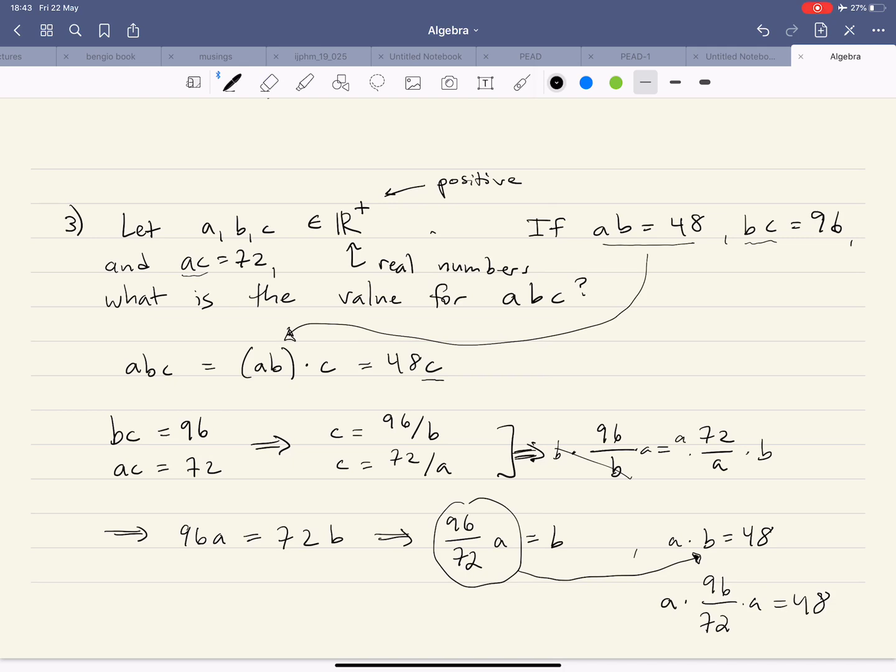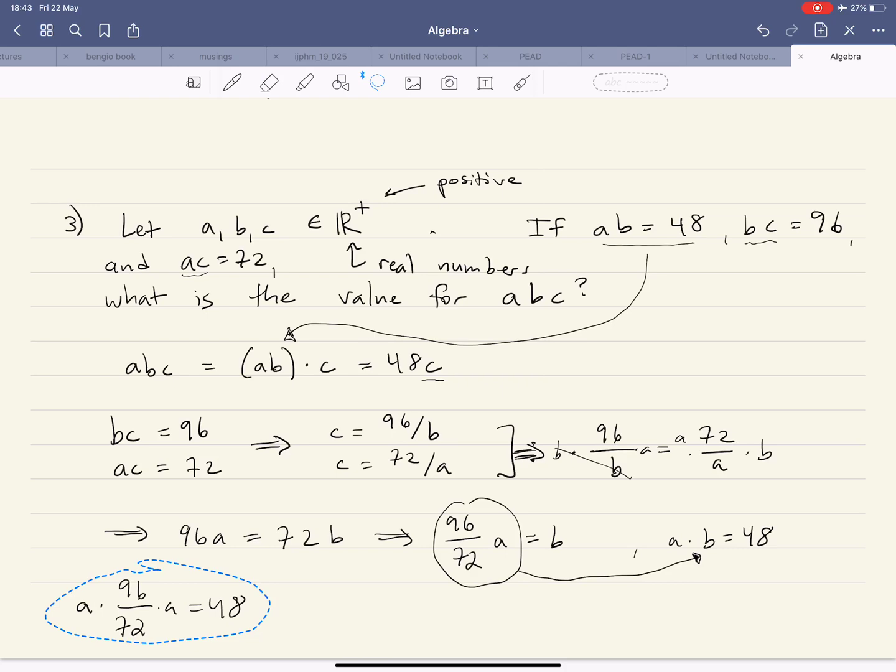It looks a little bit ugly, but we can simplify it a bit. And I'm going to move it over here like this. So when I simplify this, I wind up with A squared, right? A times 96 over 72 times A squared equals 48 over 96 times 72, right?